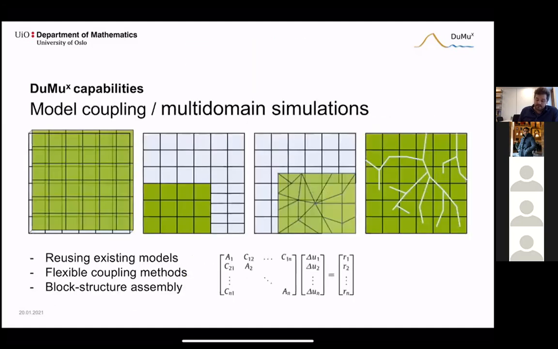And I'm gonna show different applications of this. So one of them is the one that we already saw on the right. So we're gonna have a one-dimensional network and a three-dimensional space surrounding it.